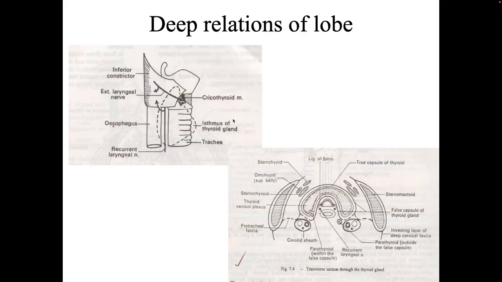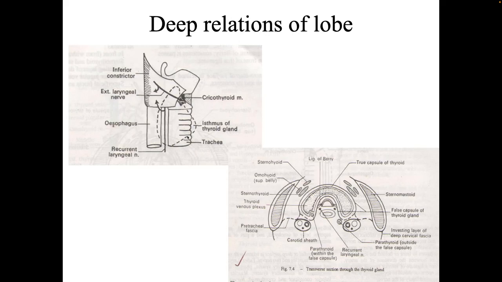Deep relations of the gland, if you see, same diagram, it is schematic. This is the thyroid gland. The medial surface is related to two tubes, trachea and the esophagus, two muscles, the inferior constrictor muscle, in this diagram, and the cricothyroid muscle, or you can see this part, the posterior part.